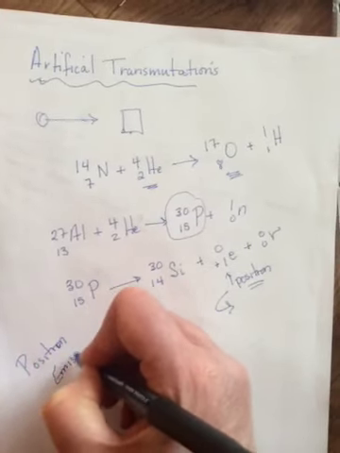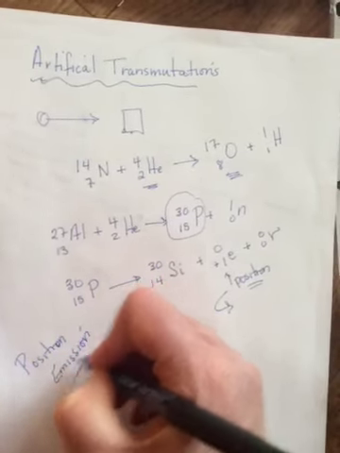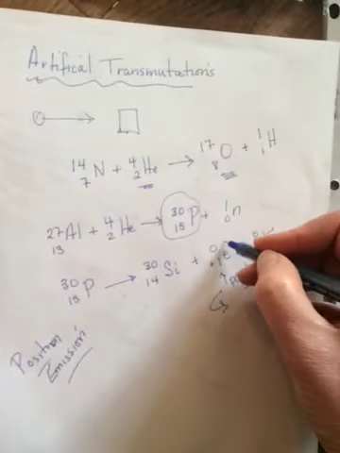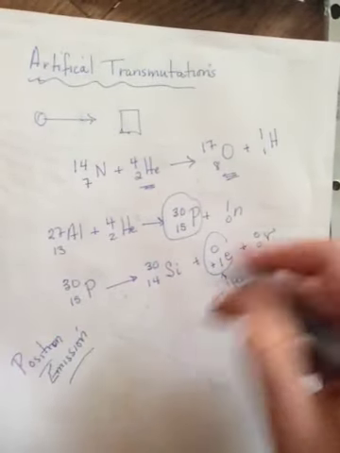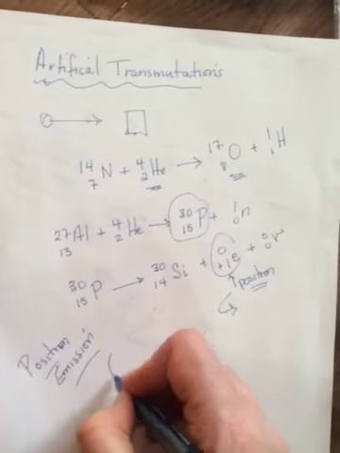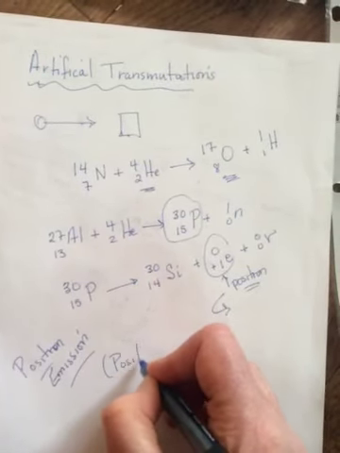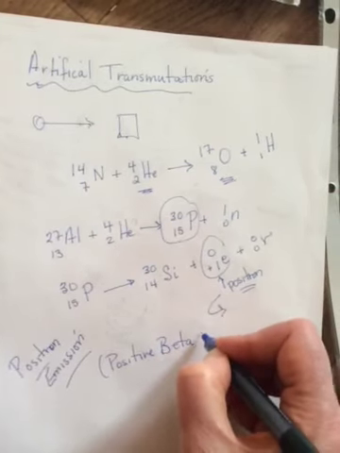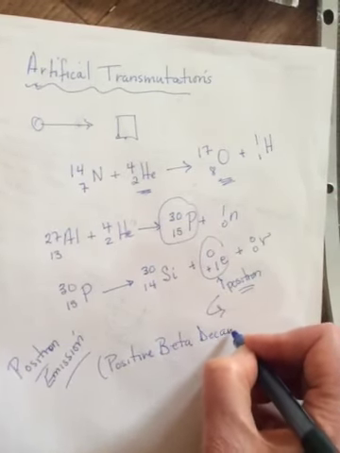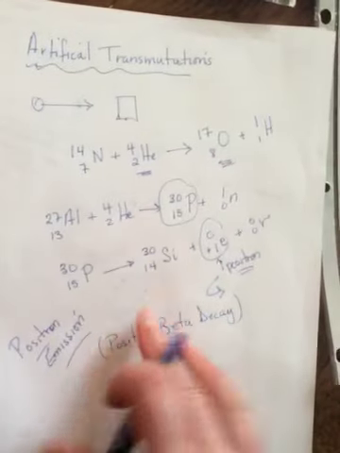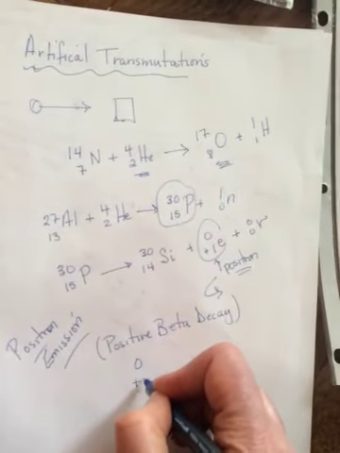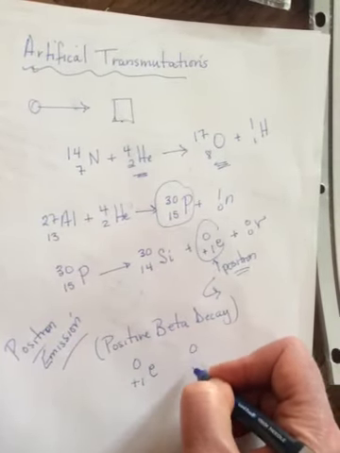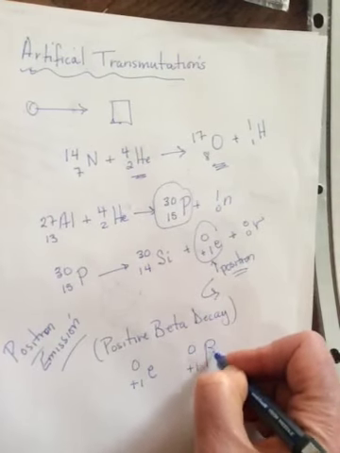or positive beta decay, because we now know it's the antiparticle of an electron. Okay, so positron emission or positive beta decay. So you could write the positron as a 0, positive 1 e, or you could write it as a 0, positive 1 beta.